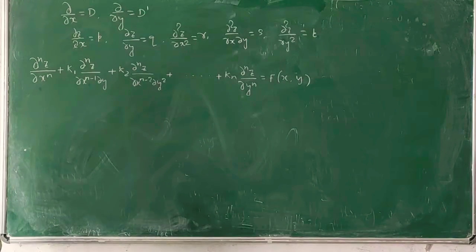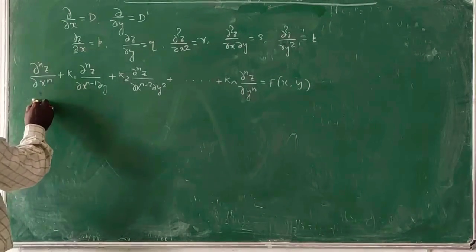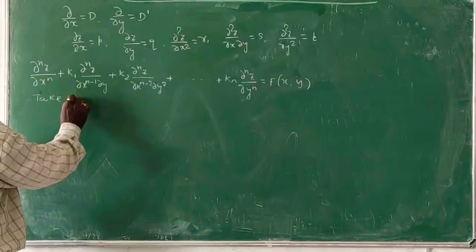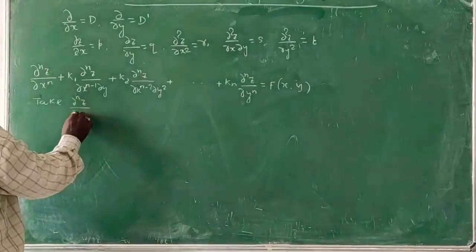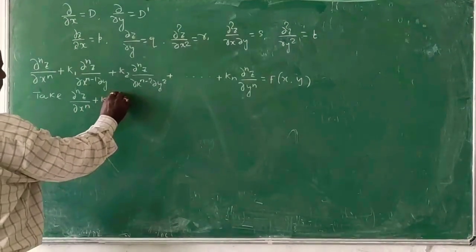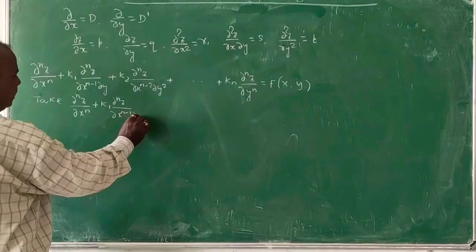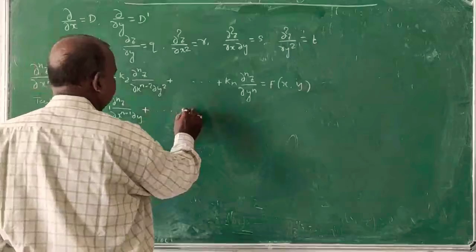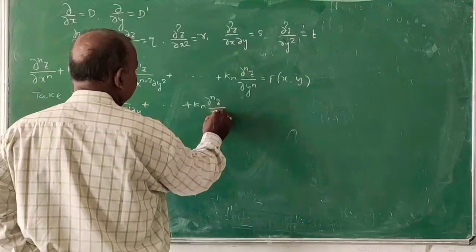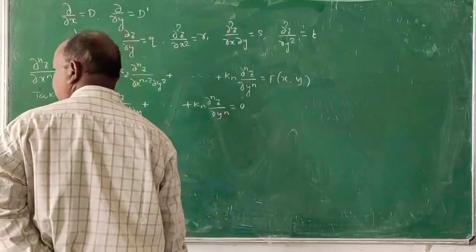Now the thing is how to solve it. Our aim is to solve it. In order to solve it, you first take del n z by del x to the power n plus k1 del n z by del x to the power n minus 1 into del y, up to kn del n z by del y to the power n, equal to 0.